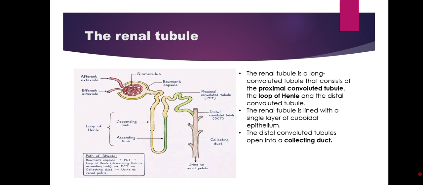So when you see the renal tubule, you just take out the structure of the Malpighian body, then you have the renal tubule. It's just a tube. We talked about the proximal convoluted tubule, loop of Henle, and the distal convoluted tubule, so I won't be talking about that. Let's move on.